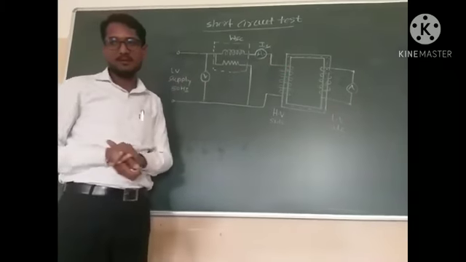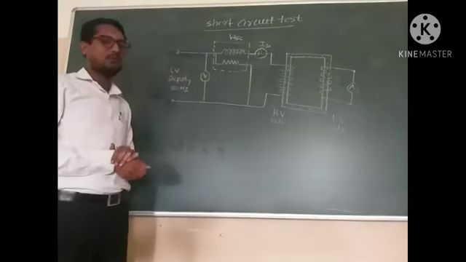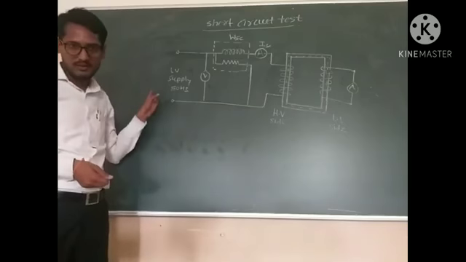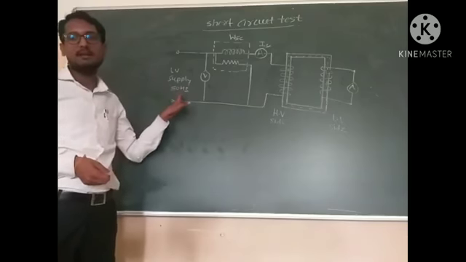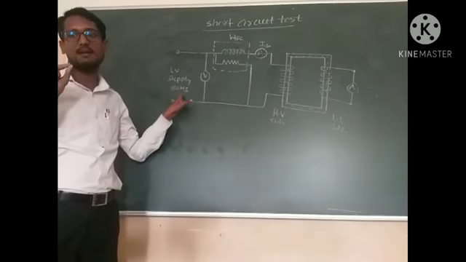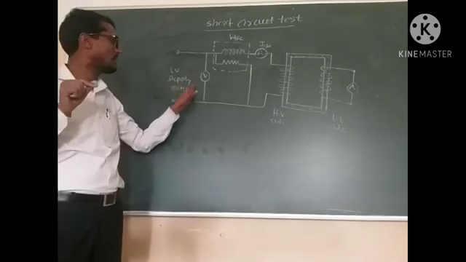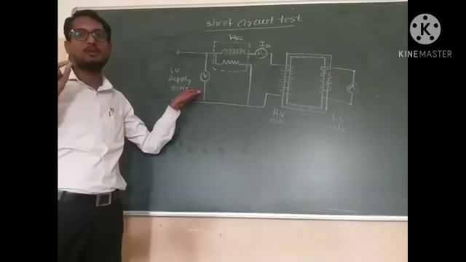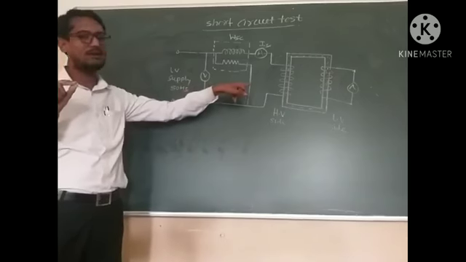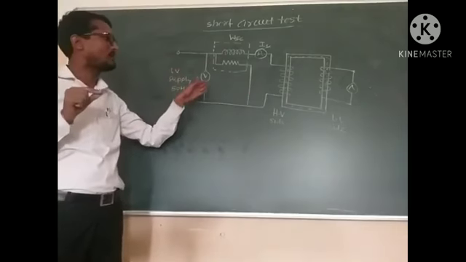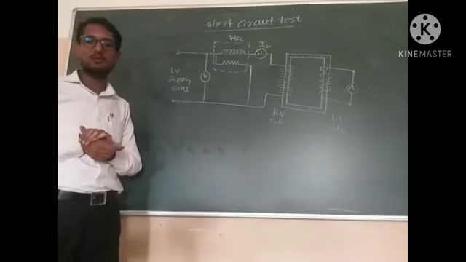Then, while performing the experiment, the supply is usually applied at 5 to 10% of the rated voltage. Means we have to apply from the supply side only 5 to 10% of the rated voltage.